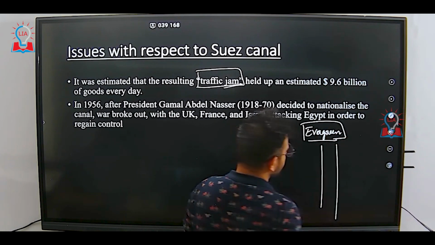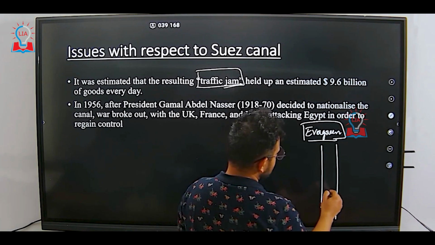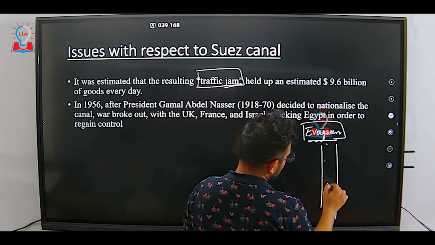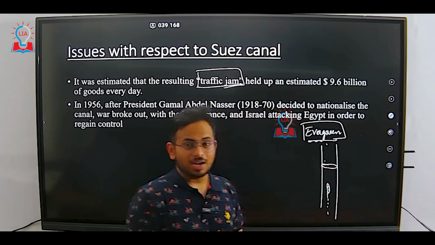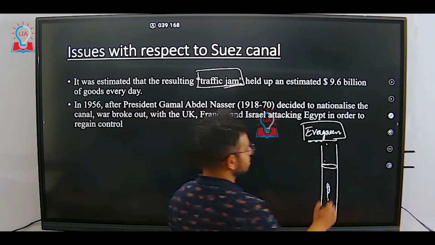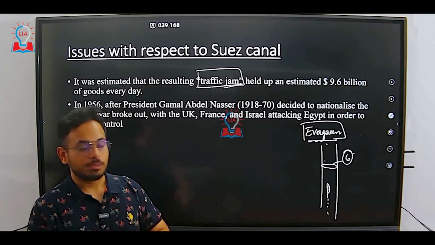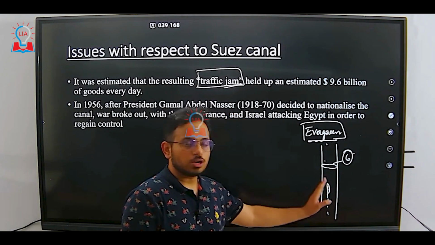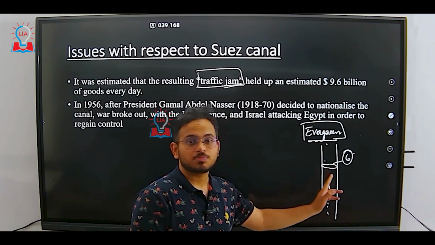If you consider this to be the Suez Canal, the ship which was supposed to enter from the Red Sea and join the Mediterranean was traveling in this direction, but accidentally it got jammed like this, and this was clogged continuously for 6 days. If the ship is stranded like this, no ship can enter the Suez Canal, no ship can exit the Suez Canal. They can't come from both the ends because this ship has been stranded.